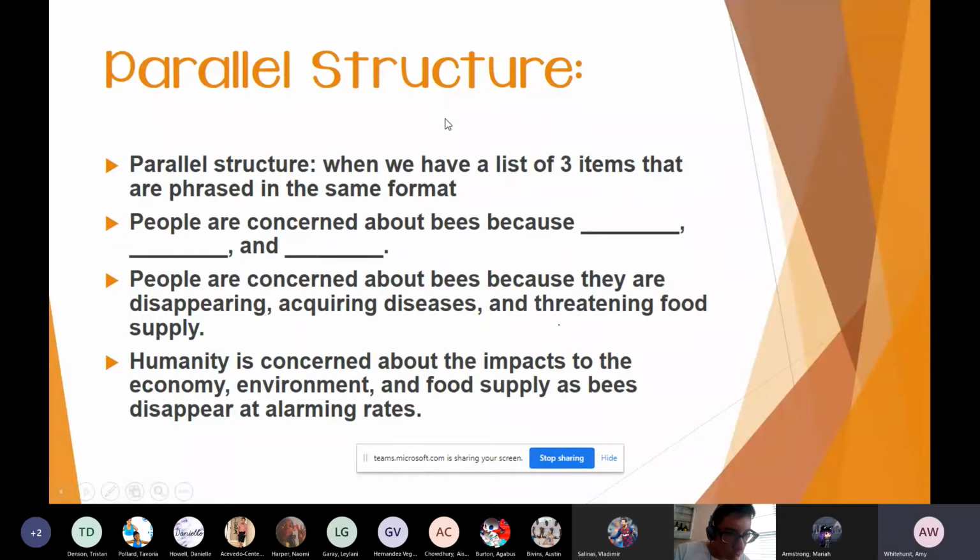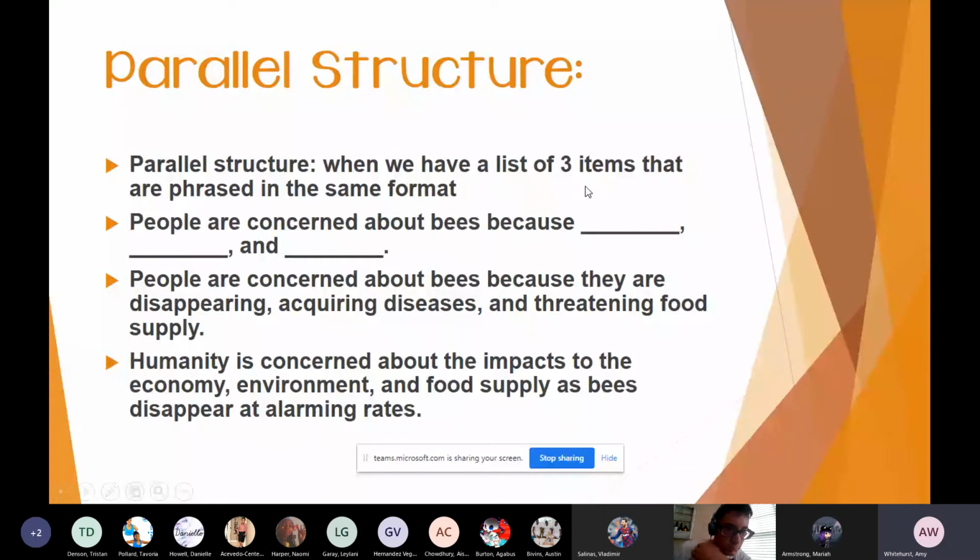Parallel structure is when we have a list of 3 items that are phrased in the same format. The reason why we want to have parallel structure is because it helps our thesis sound sophisticated, it flows nicely, and it reduces the wordiness that we sometimes struggle with.